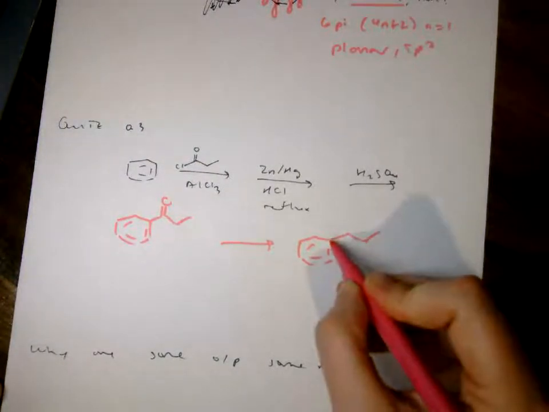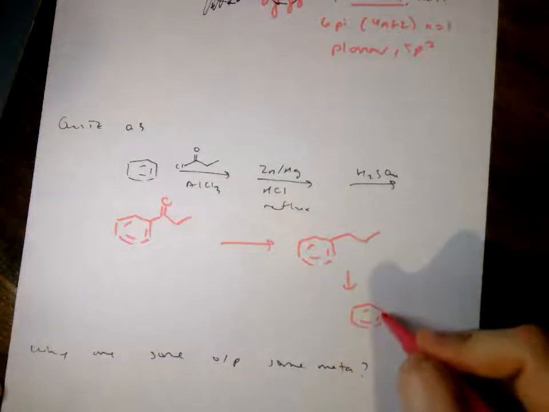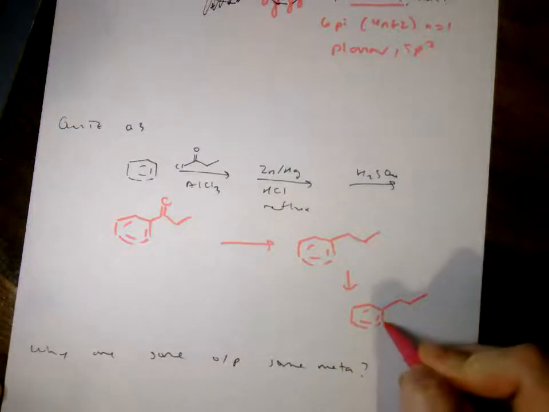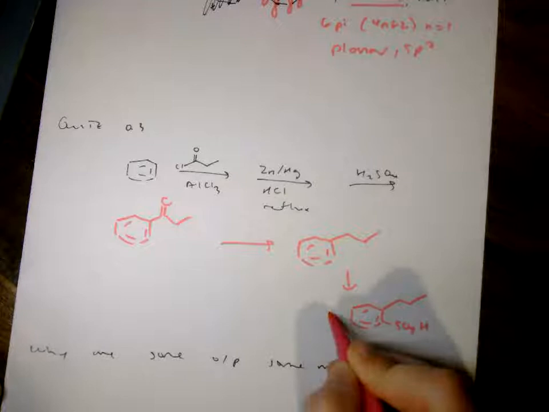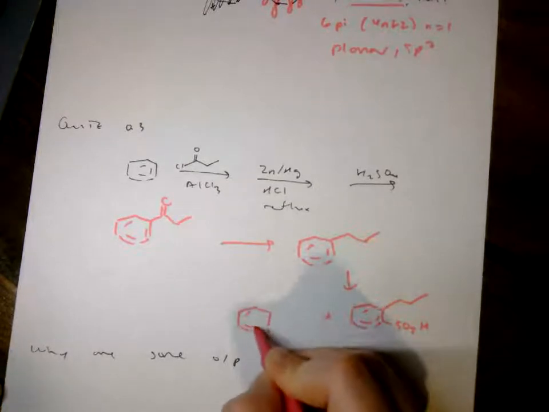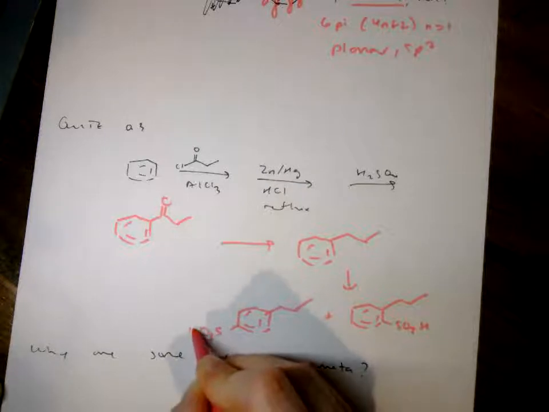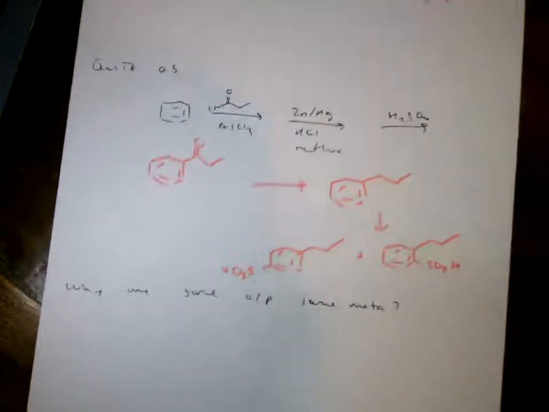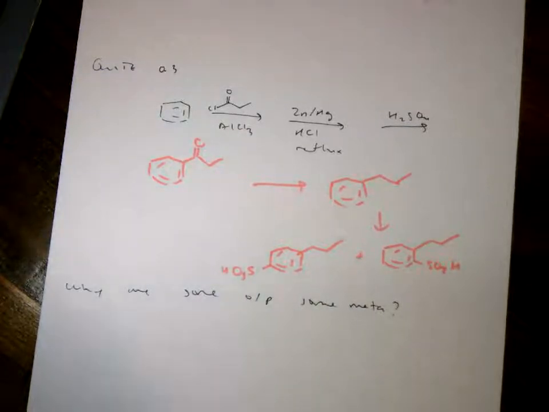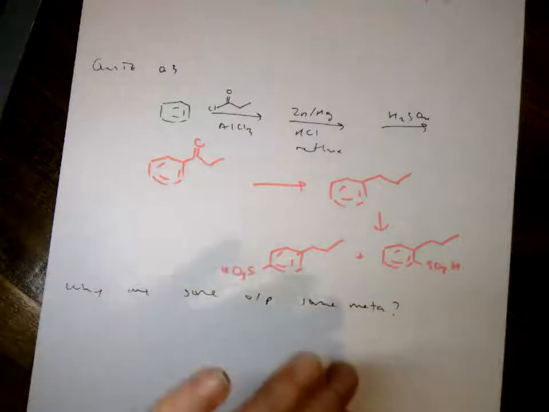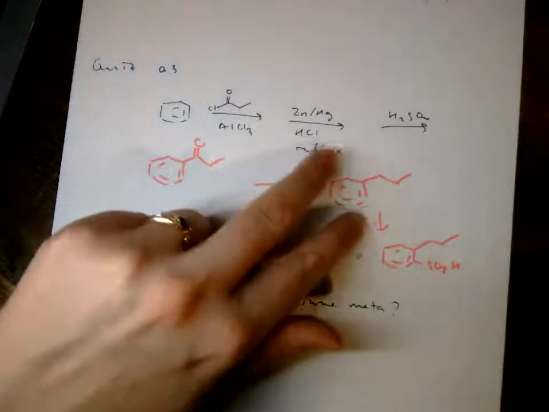And because this is an ortho-para director, either this or this would have been the right answer. Usually you're only going to get one or the other. Usually it won't be like, here's both and tell me which one, unless it's asking about something sterically bulky, or if there's no other substituents around, there's 2 of these positions.